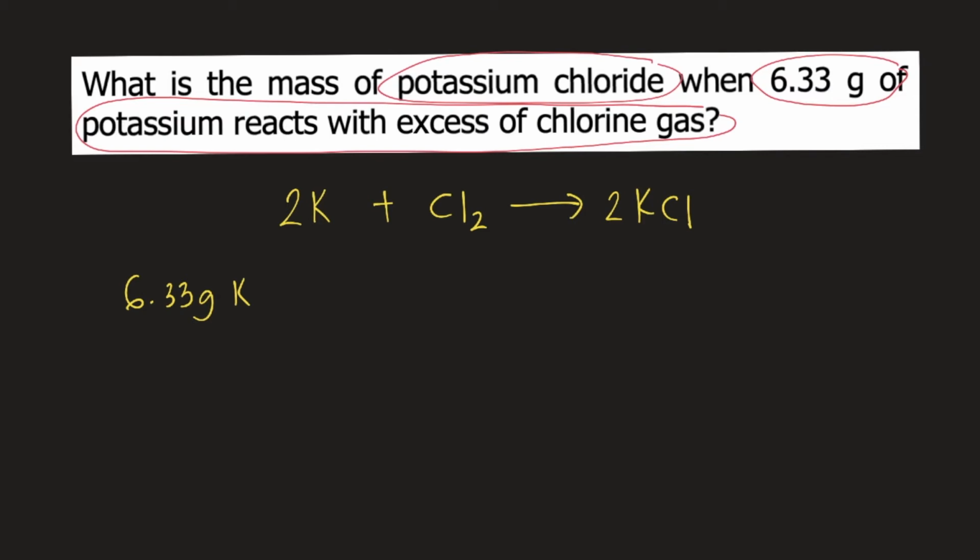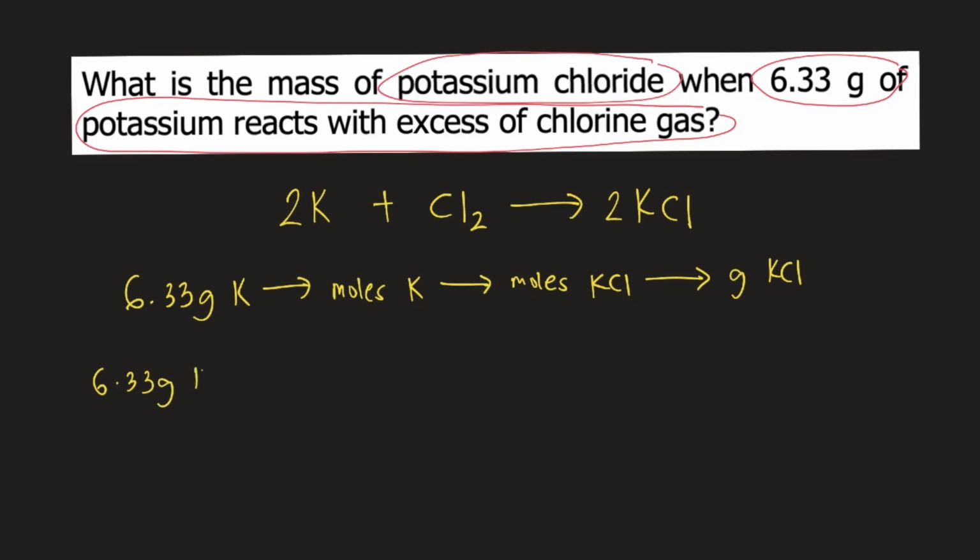What you need to do is convert this into moles of potassium, and from moles of potassium to moles of potassium chloride, and from moles of potassium chloride to grams of potassium chloride, because the problem is asking for what is the mass of potassium chloride. So your final unit must be grams of potassium chloride. So let's start with the solution.